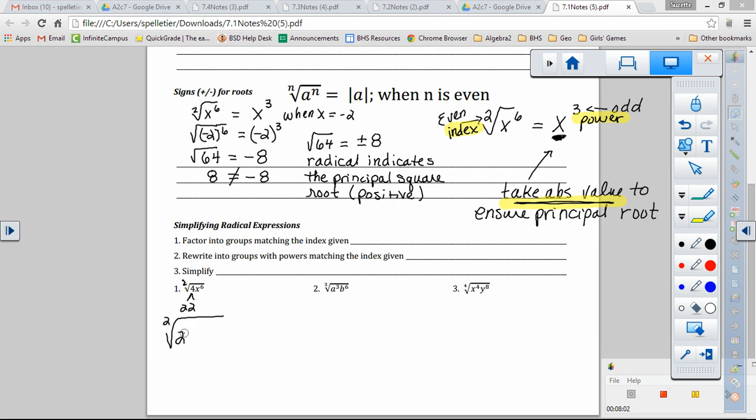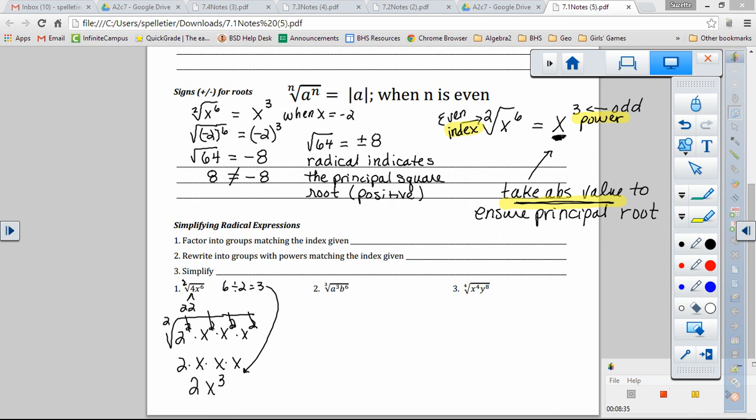And we have 2 squared, and if I break down my x to the 6th into groups of 2: 2, 4, 6, I end up with 3 of them. And since these are all perfect squares, they all come out of the radical, and I get 2x to the 3rd. So essentially here, I did 6 divided by 2, and it gave me 3. So you can use division to help you with the variables.